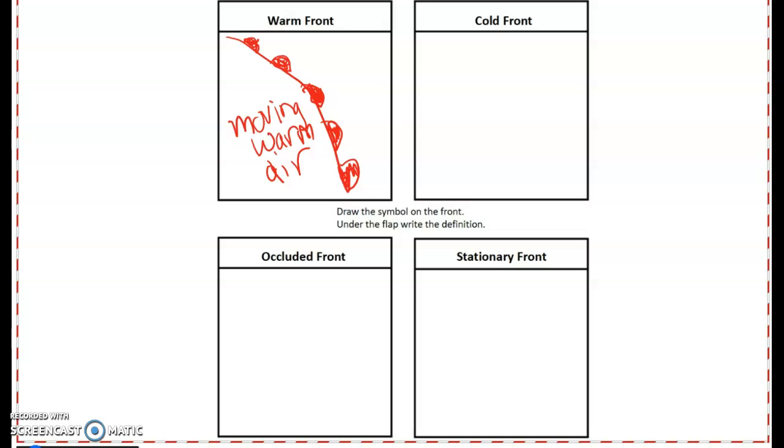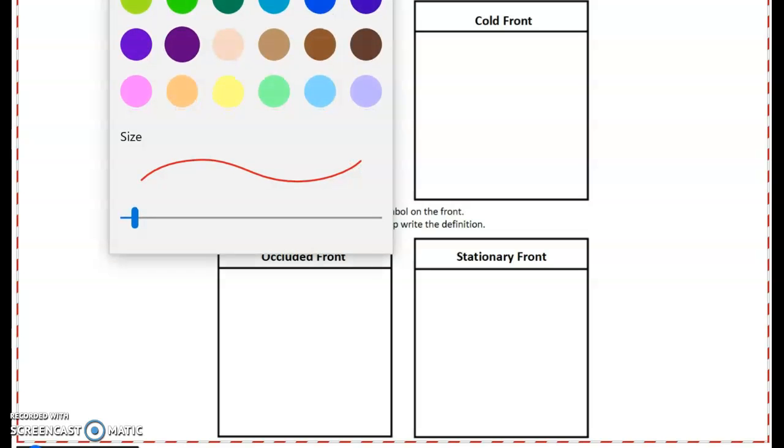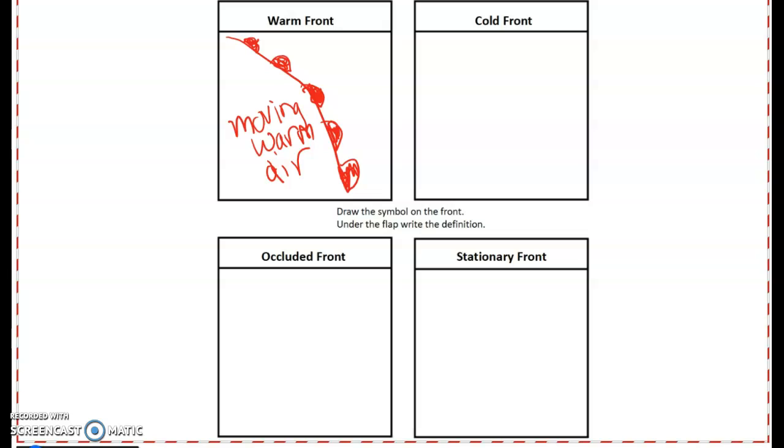Then we have a cold front, so I'm going to change my pen back to blue. When we have a cold front, we have these triangles. Fill those in. And it's moving cold air.